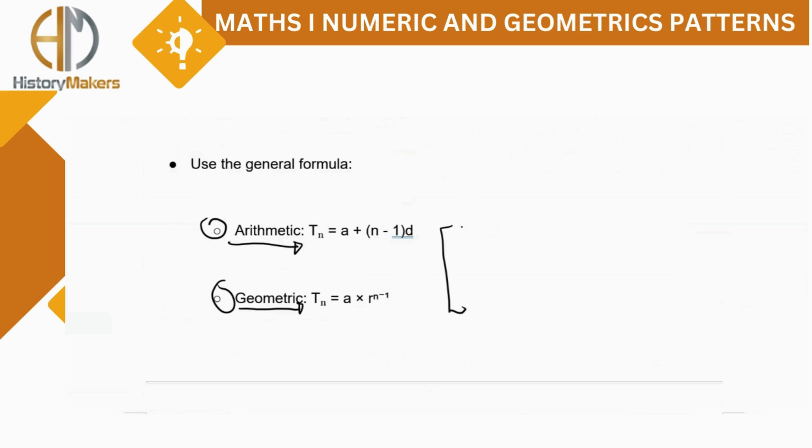So now we are just going to go ahead and learn how to find the Tn. For arithmetic, you have Tn equals a plus (n minus 1)d. For geometric, you have Tn equals a times r to the power of n minus 1.